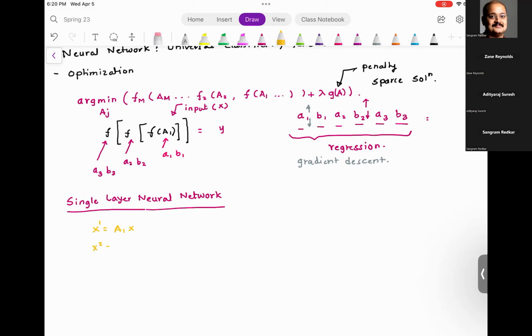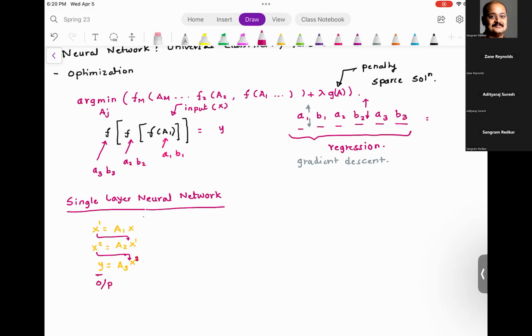X2 is equal to A2X1. And finally, you have your output, which is given as A3X3. I want you to notice that you have X1, which is going here, you have X2, which is going here, and finally you have the output.